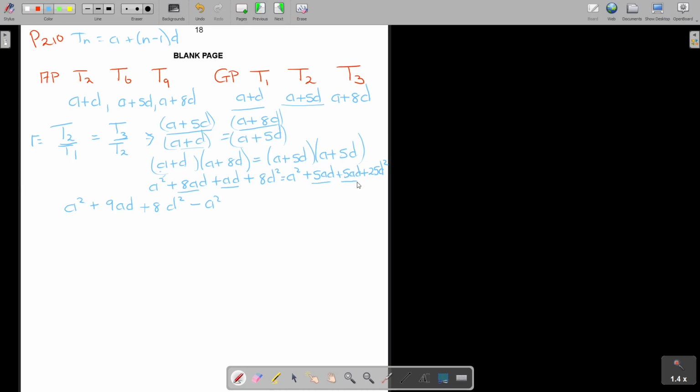Now this becomes 10, so on the other side negative 10AD minus 25D squared, and that would be equal to 0. Okay, so this cancels. Then I'm going to say 9 minus 10, so it's minus AD, and then negative 17D squared, and that's equal to 0.